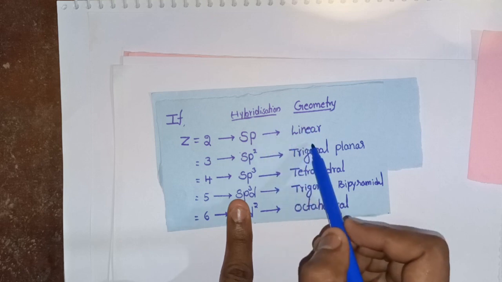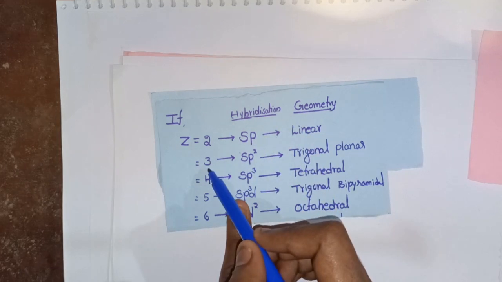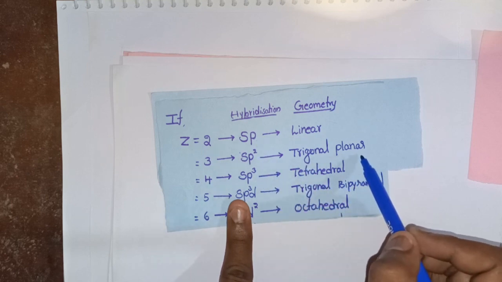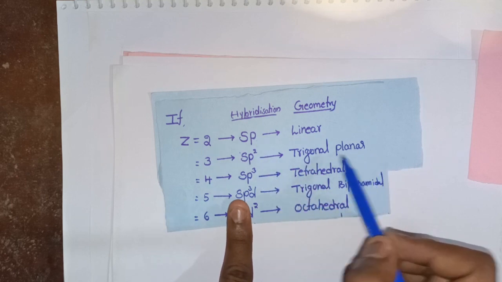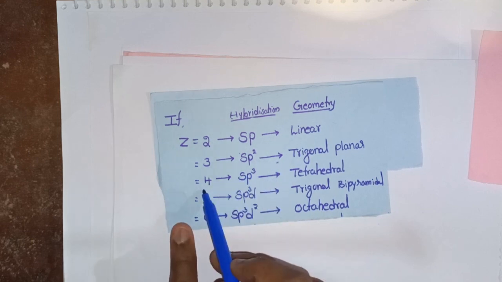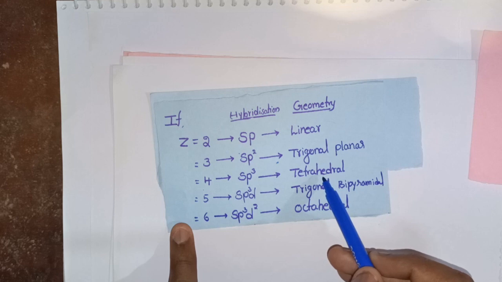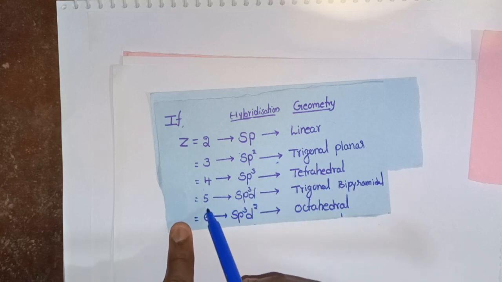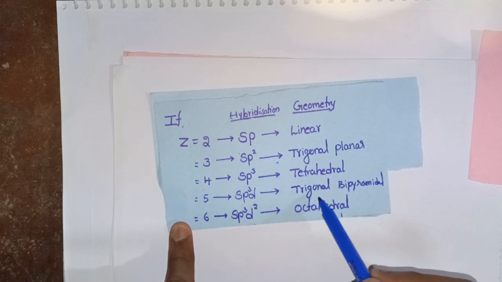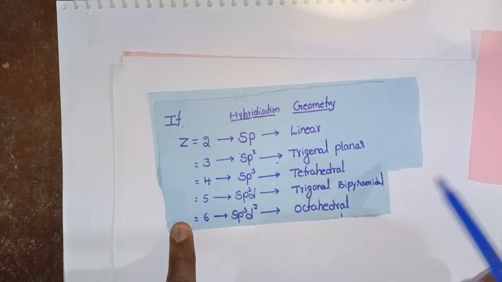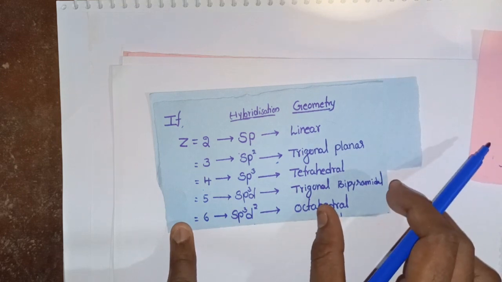Its geometry is linear. If the Z value is 3, sp2 hybridization having trigonal planar geometry. If the Z value is 4, it shows sp3 hybridization having tetrahedral geometry. 5, sp3d hybridization, trigonal bipyramidal. If 6, sp3d2 hybridization having octahedral geometry.